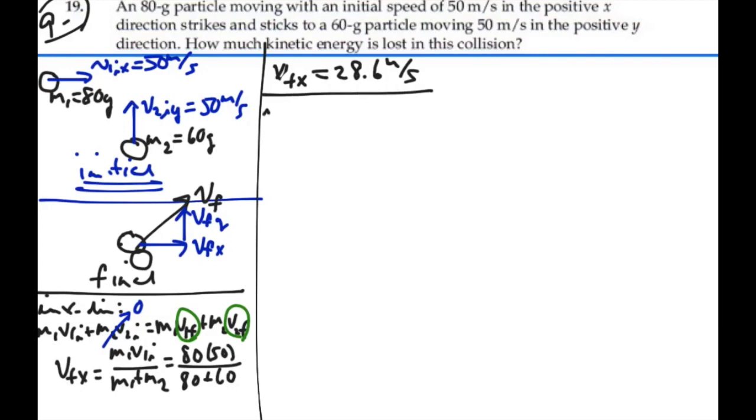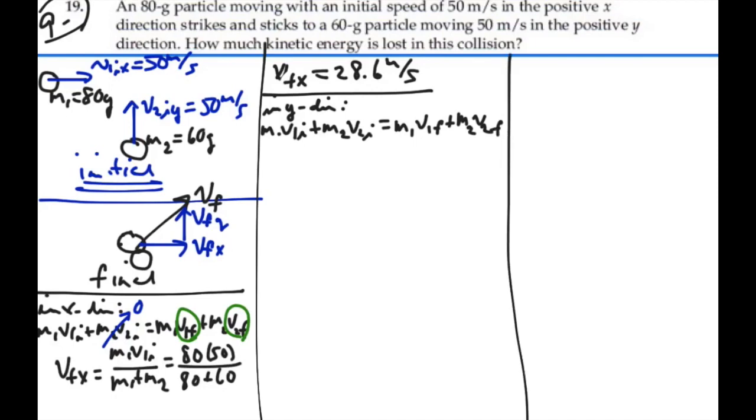Alright, in the y direction, we have mass 1 v1 initial plus mass 2 v2 initial equals mass 1 v1 final plus mass 2 v2 final. And again, v1 initial is going to be 0 because it has no initial velocity in the y direction, and v1 final and v2 final will be the same.